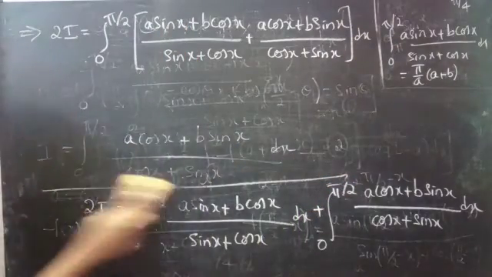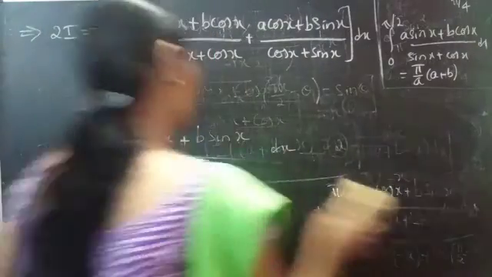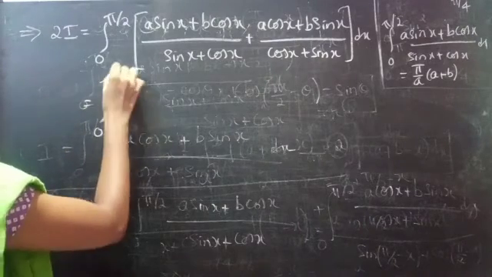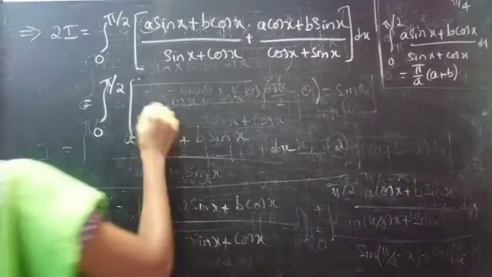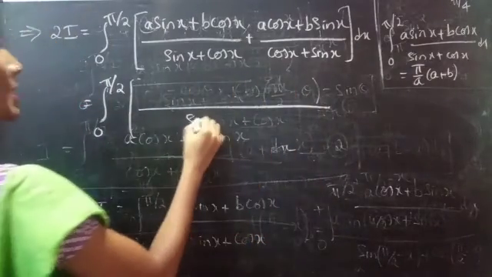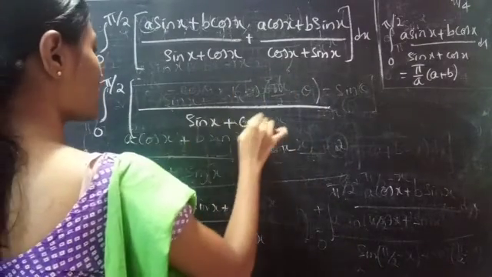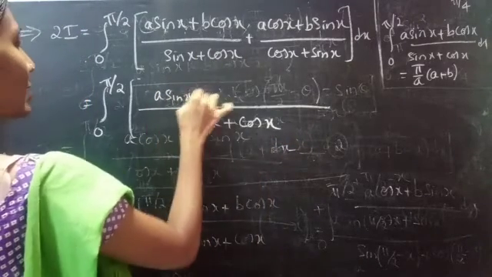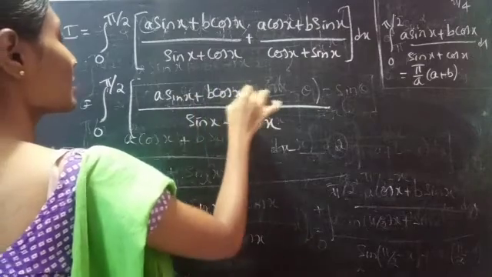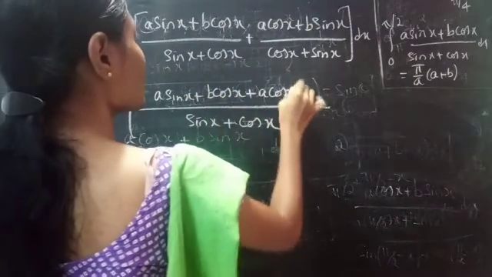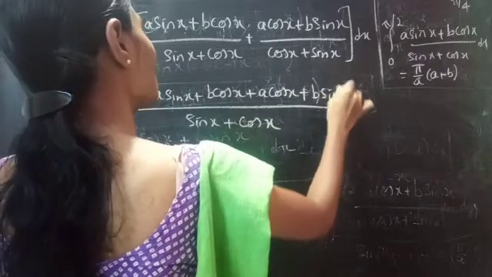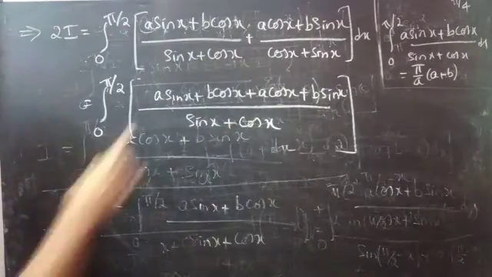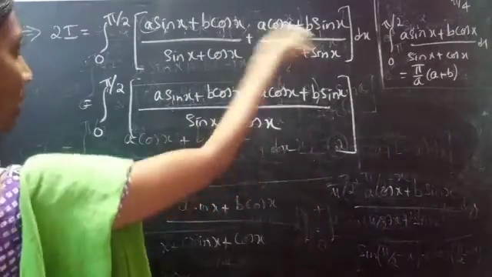Okay. Now take the LCM. So this equals integral 0 to pi by 2 of, with denominator sin x plus cos x, the numerator a sin x plus b cos x plus a cos x plus b sin x. Since both terms have the same denominator, there is no need to add or multiply anything in the numerator.